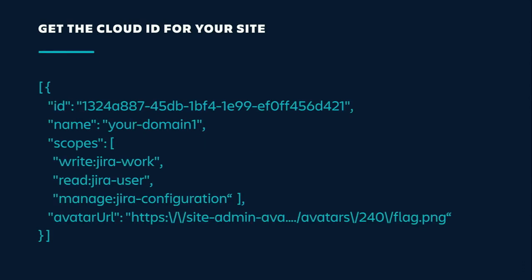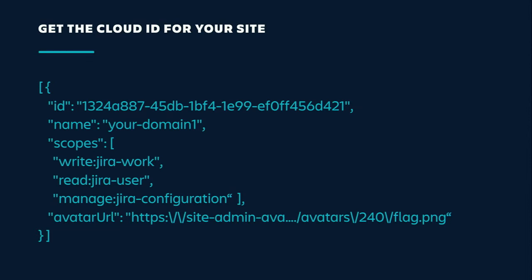What we get back is a list of what we call sites. The sites have an ID, which is really the most important bit. That ID is how we identify the site in the new Atlassian API gateway. So that's the thing your app is really interested in.